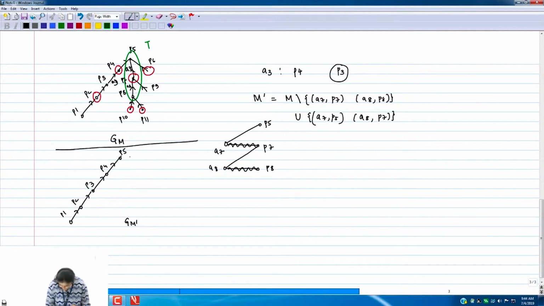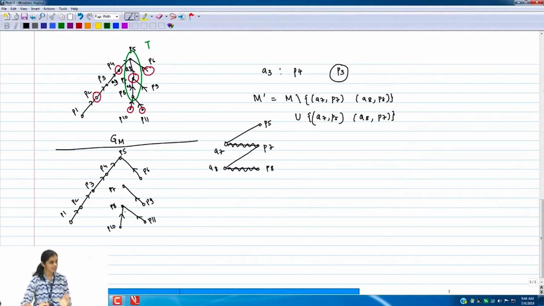So this is the graph GM. Then P6 also has the same kind of edge. In fact, if I look at this P7, it continues to have an edge from P9. But this part, and again P8, this continues to have an edge from P11. Nothing has changed, and this P10 continues to have an edge from here.